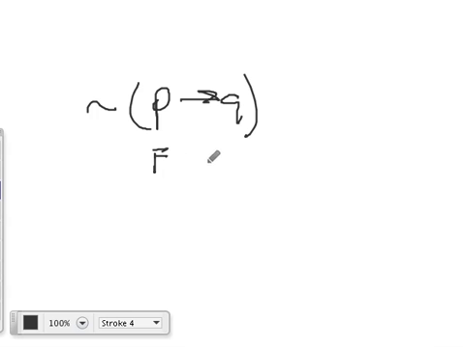Q is true. Now remember, this is a conditional. That would be true, but it's not true, which is what? False.